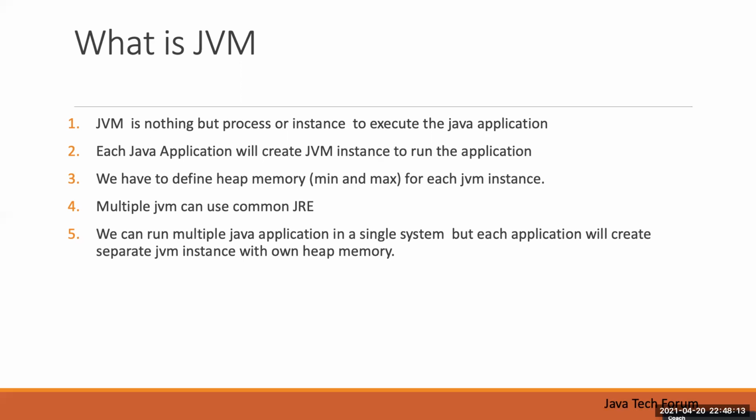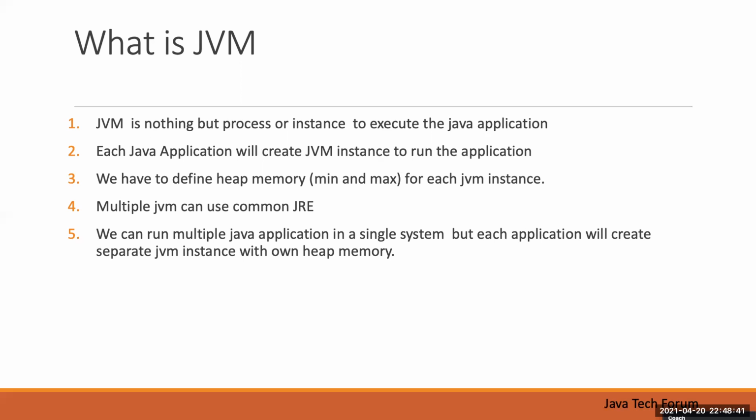The JVM will be created using the JRE library. We can run multiple Java applications in a single system, but each application will create a separate JVM instance. If you see it in the task manager, it will show separate JVM instances with separate PIDs.